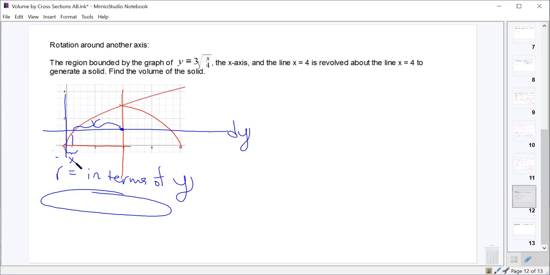And what is the entire distance from the y-axis all the way over to the line we're revolving around? 4. So the radius should be the full 4 minus that little bit of x. No matter where I go over to, if I call this x, the radius at that point is still 4 minus x. Do you all agree with that? People in Zoom, you good with that?